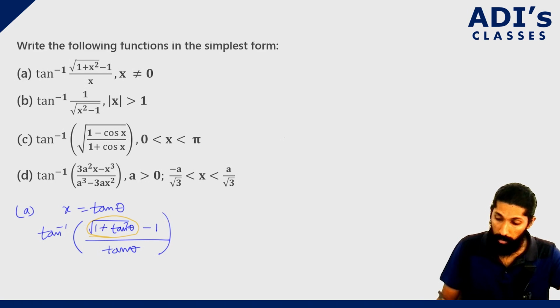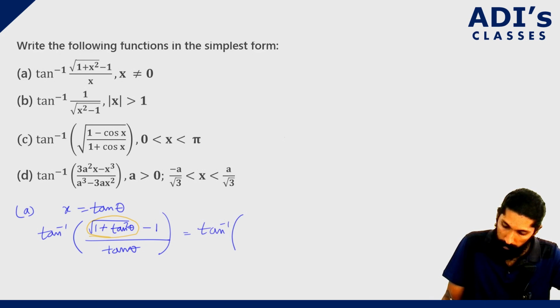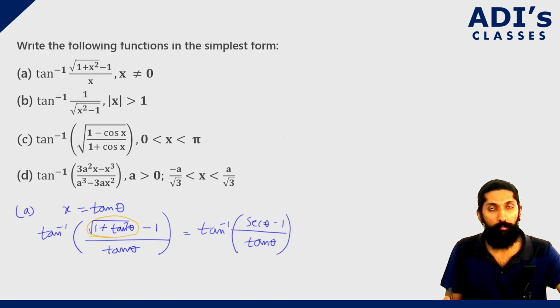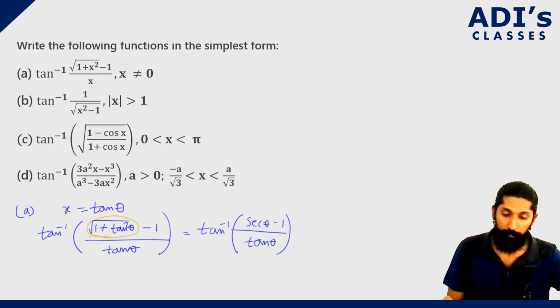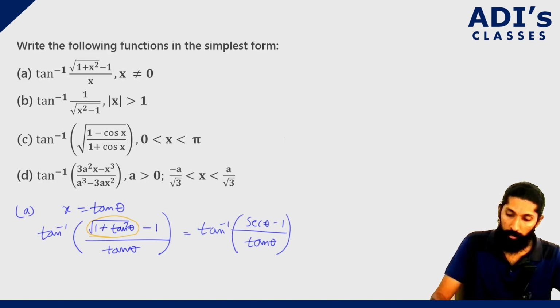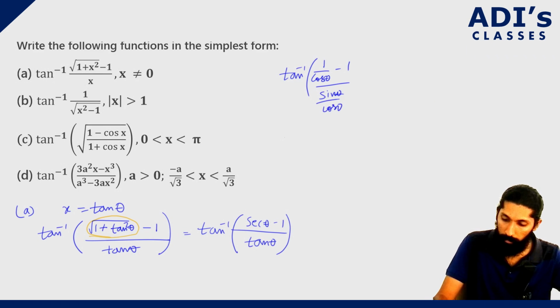So you will get tan inverse of secant theta minus 1 divided by tan theta. Secant theta is 1 by cos theta. Tan theta is sin theta by cos theta. So you are going to get tan inverse of 1 by cos theta minus 1 over sin theta by cos theta.